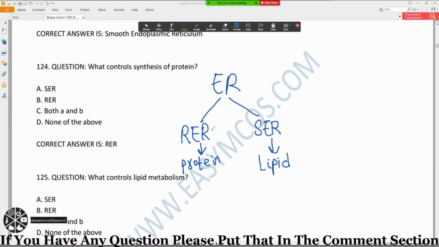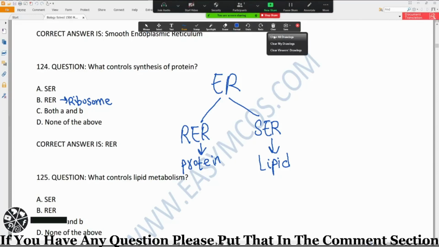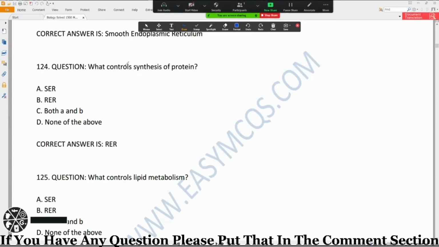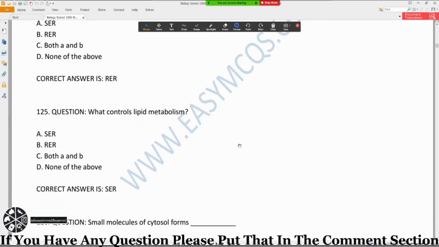Here option B is the correct option, which is RER, and RER stands for rough endoplasmic reticulum, which is responsible for the synthesis of protein because of the presence of ribosomes.